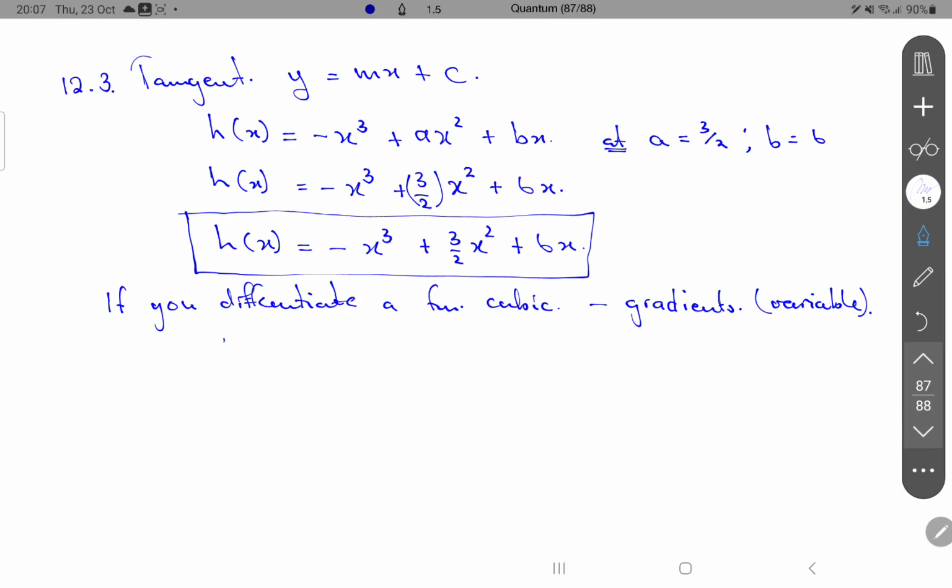That's why they said at x equals negative 2. So first of all, let's find what happens at x equals negative 2.